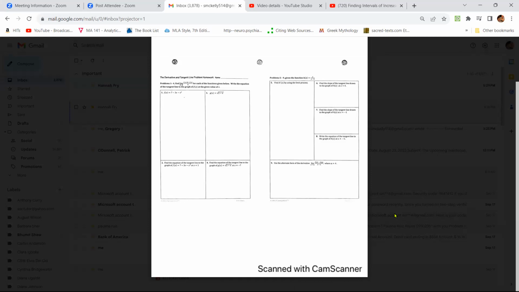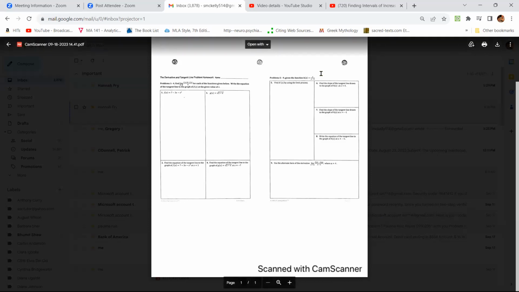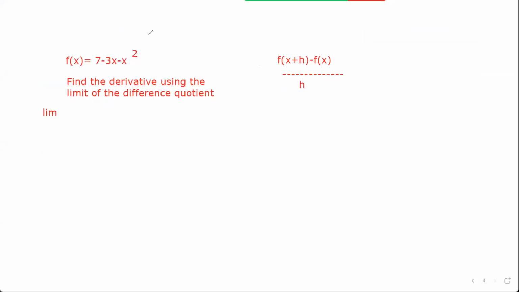So here, the limit as h goes to 0 of, now, here's how this works.